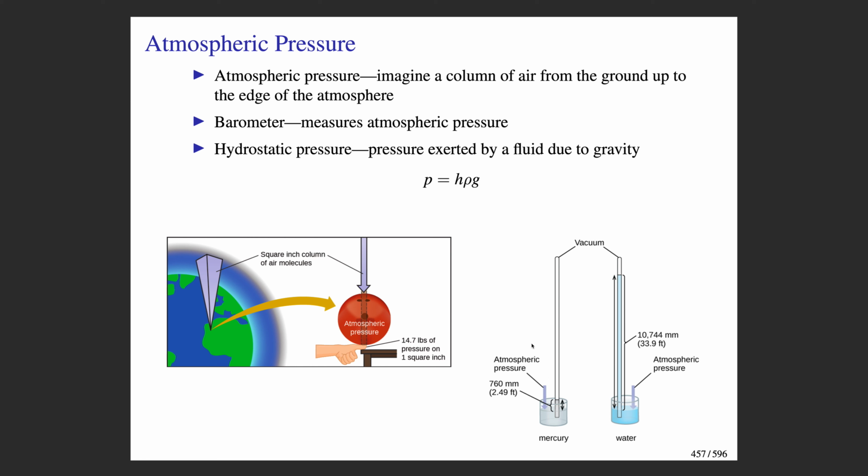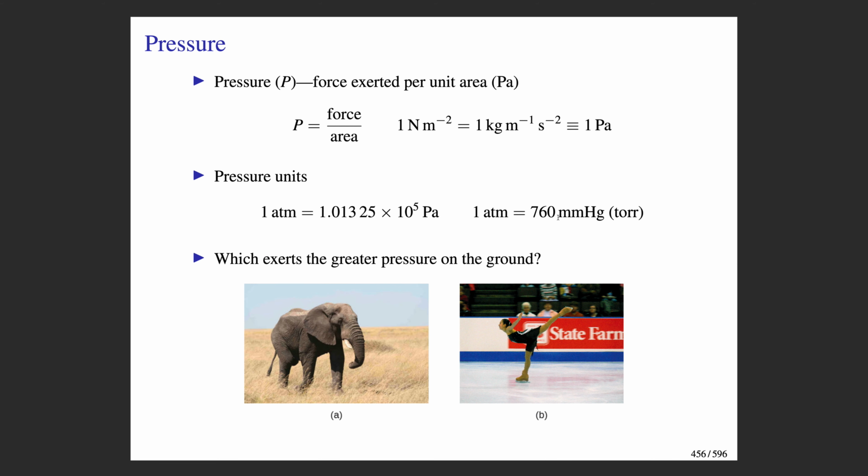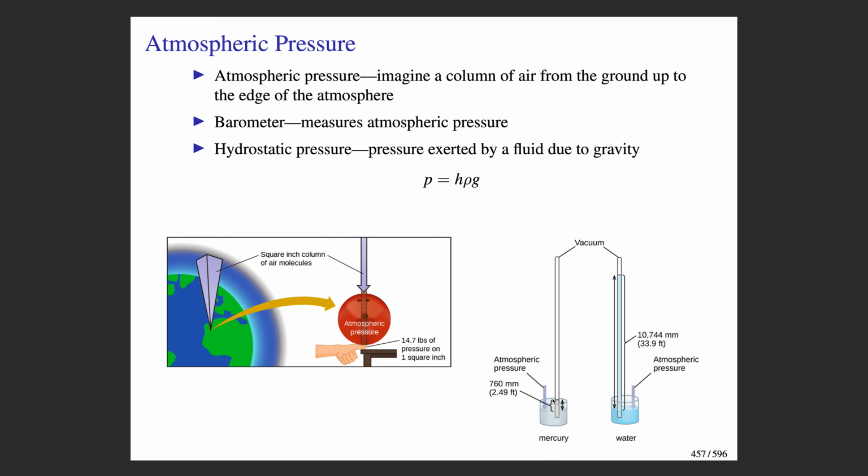And the pressure of the atmosphere is proportional to the height of the mercury column. Recall that pressure unit on the first slide, millimeters of mercury. You can now see why we would have such a funny unit for measuring pressure, a distance of mercury. Well, it actually corresponds to the height of a mercury column when you're using a barometer like this.